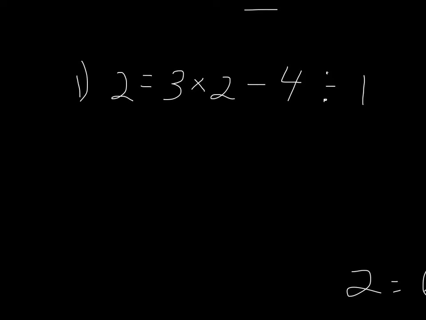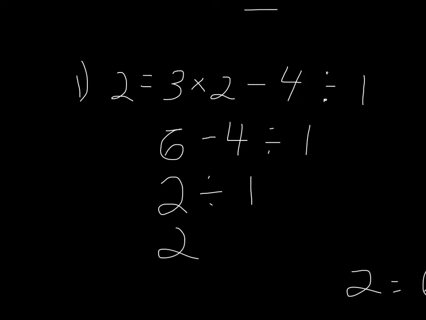Let's see. 3 times 2 is 6, minus 4 divided by 1. 6 minus 4 is 2, divided by 1. And then 2 divided by 1 is still 2.